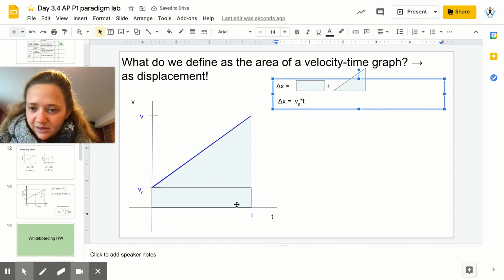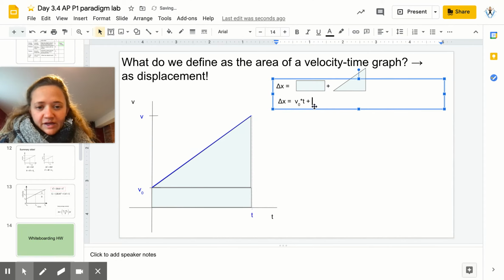That's how wide it is. And then for a triangle, it's 1/2 base, which is t, times height. And our height here is v minus v naught.